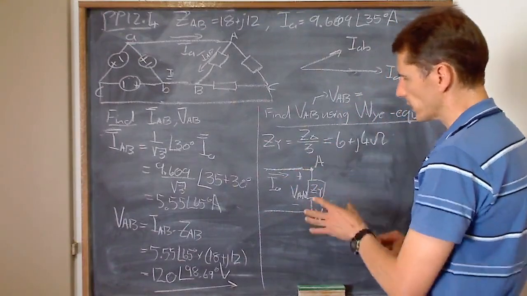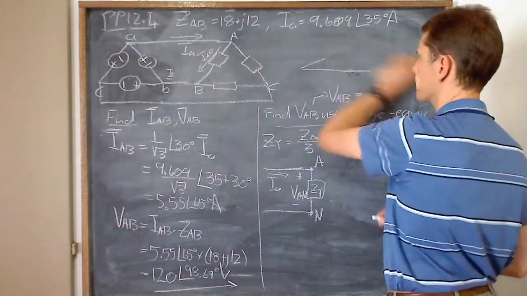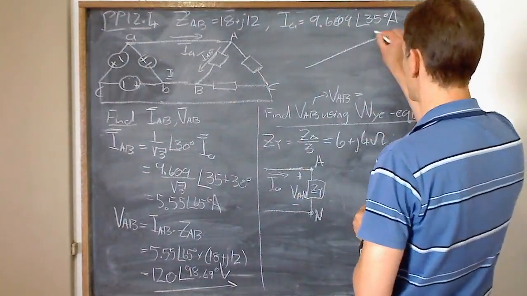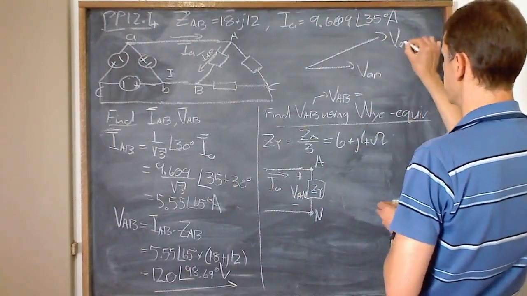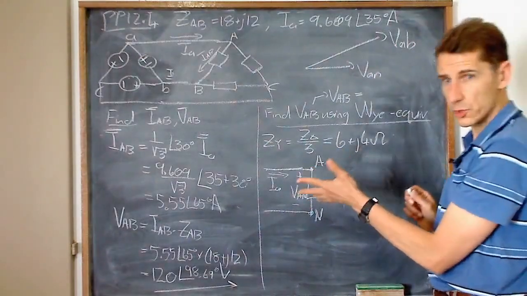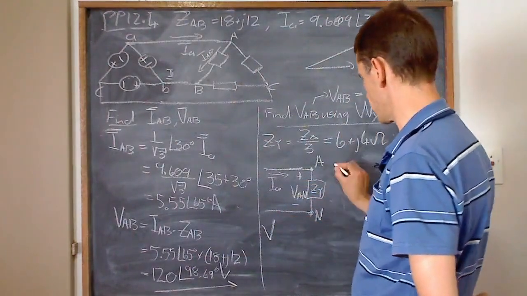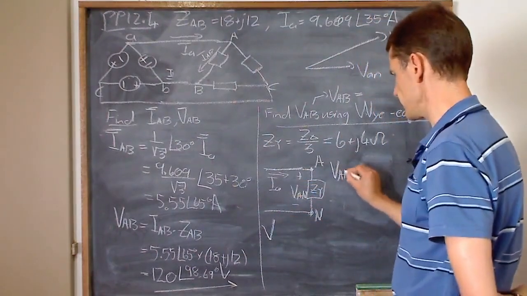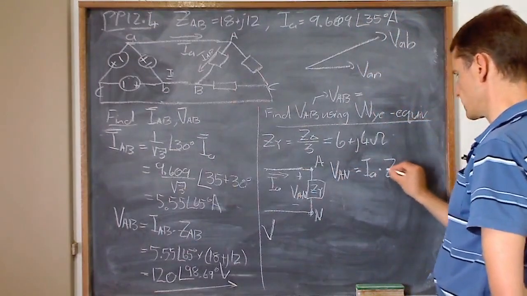Okay, so we're going to go from VAN to VAB. How? Other triangle, VAN, VAB. So we're going to calculate VAN, Ohm's law again, and then from AN go to AB. So let's write it here. VAN is now equal to IA times ZY.